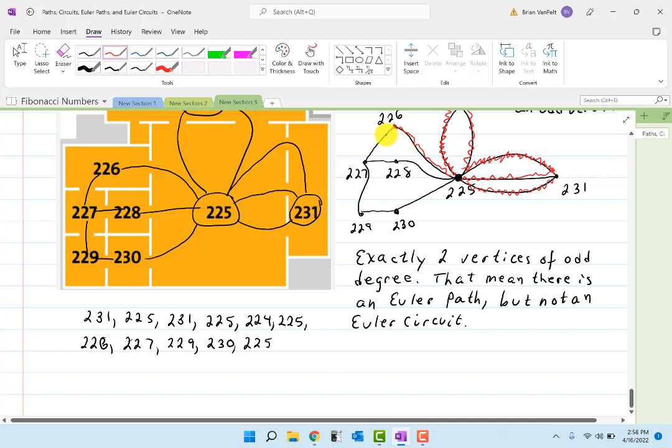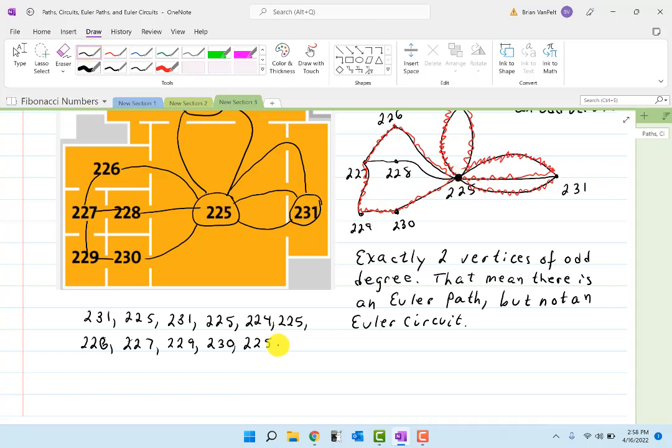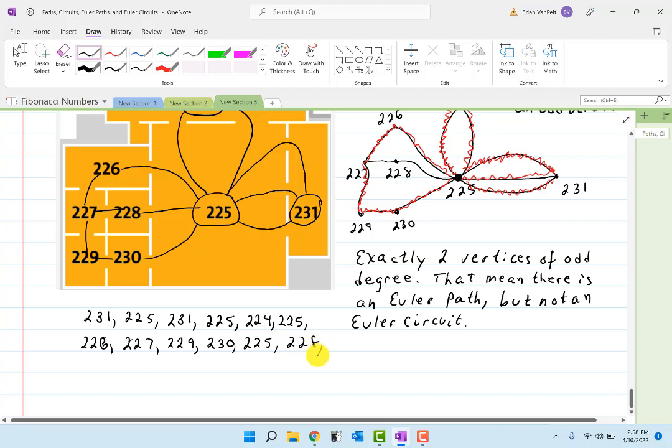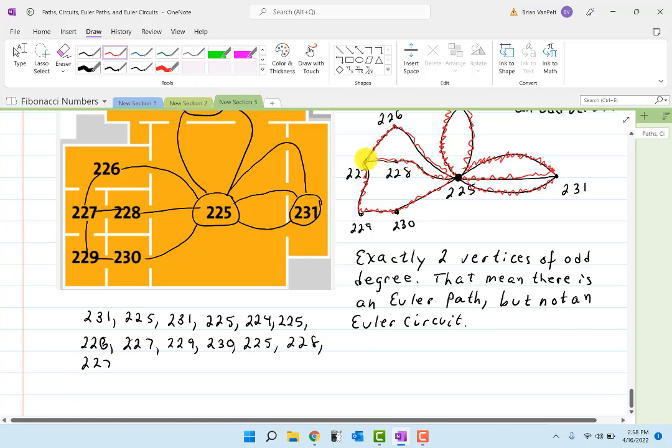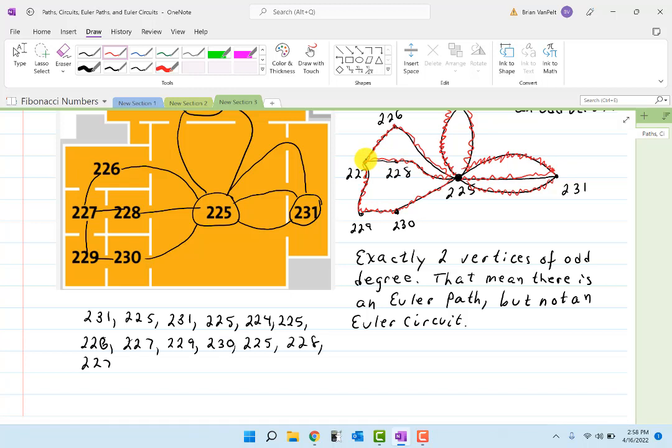I went around this way, like so, like that. And then we went 228, and then to 227, like so. And so all we had was an Euler path, but I was able to use up all of the edges.